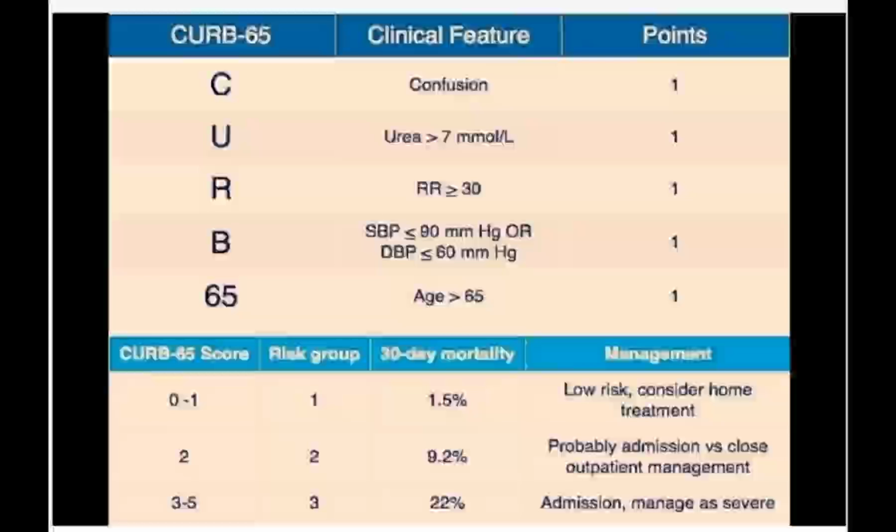Confusion, urea more than 7 millimole per liter, respiratory rate more than 30, then systolic BP less than 90, diastolic BP less than 60, age more than 65.